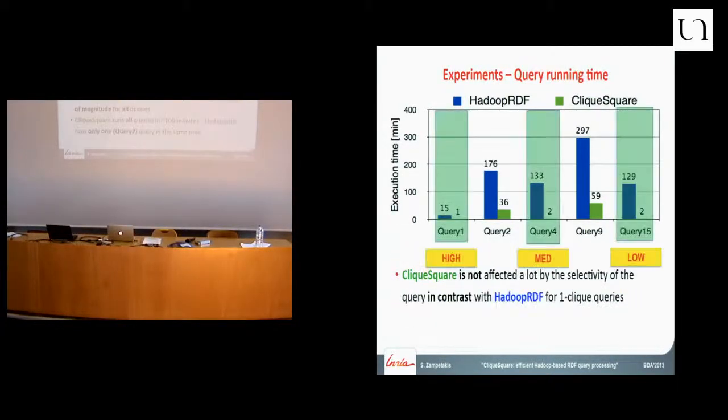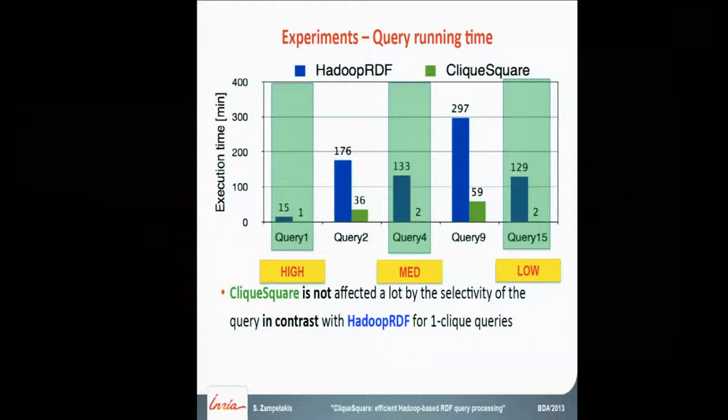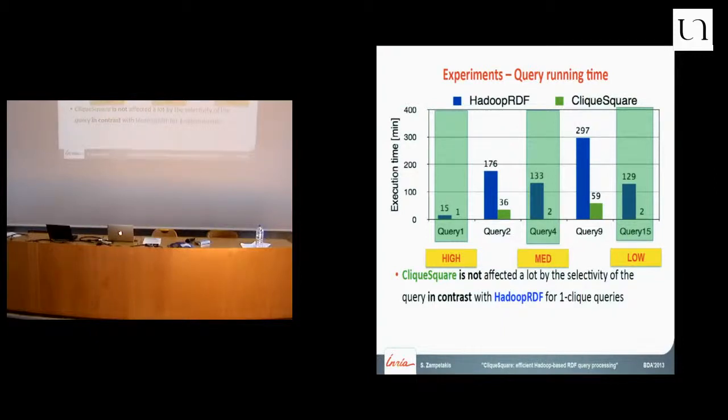That's why we can see here that for queries 15, 4, and 1, we have only 1 to 2 minutes for executing them, while Hadoop RDF has 15 minutes for the first query and 100 for query 4, where the main differing factor is the selectivity.